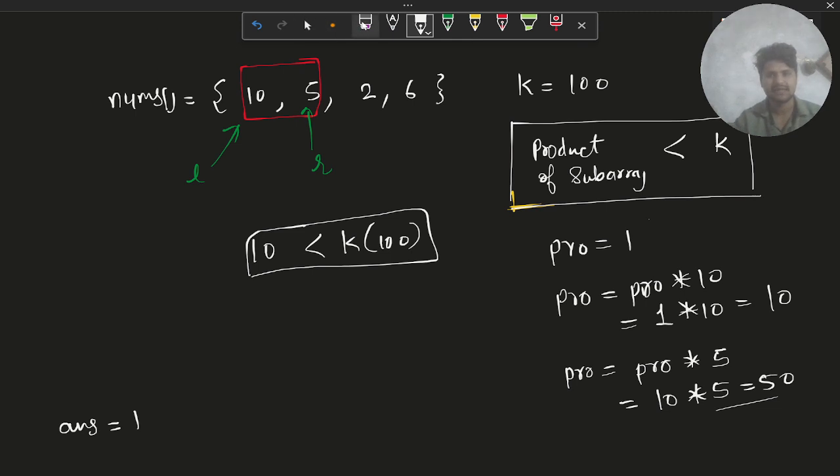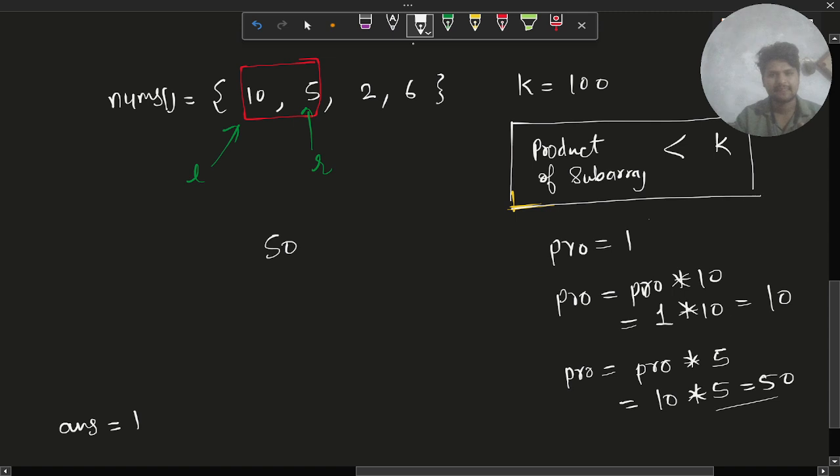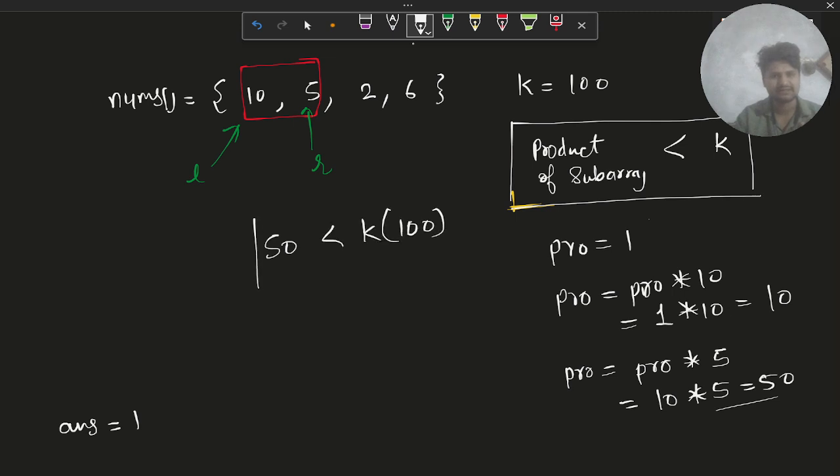Now you compare this 50 with k. 50 is less than k. Yes, this is satisfied again. That means this current window is going to be our answer. This is the subarray that satisfies the condition. As you can see, 10 and 5, but this 5 is newly included, so we have to consider it.